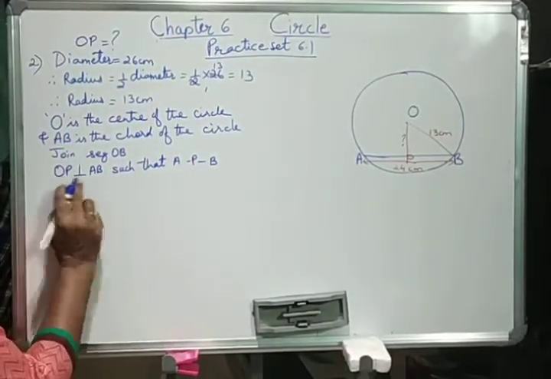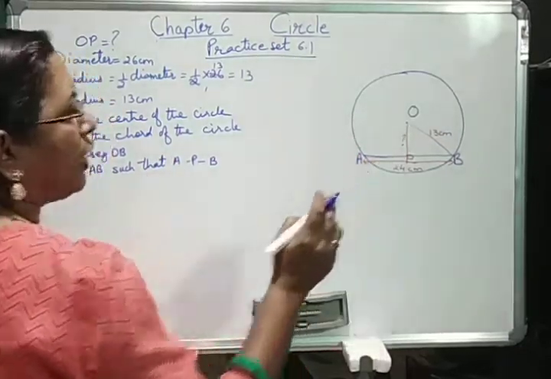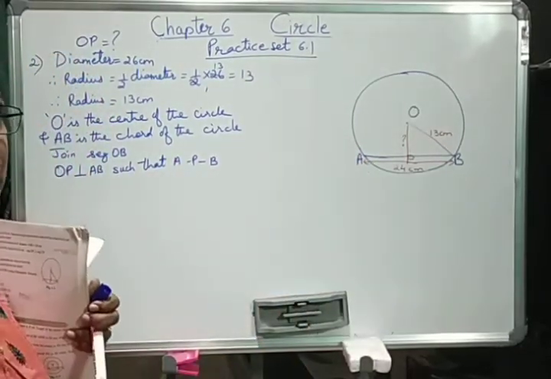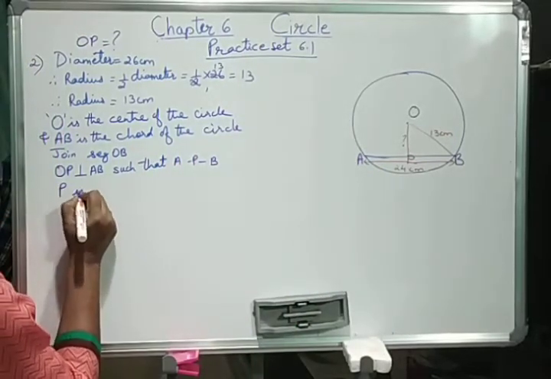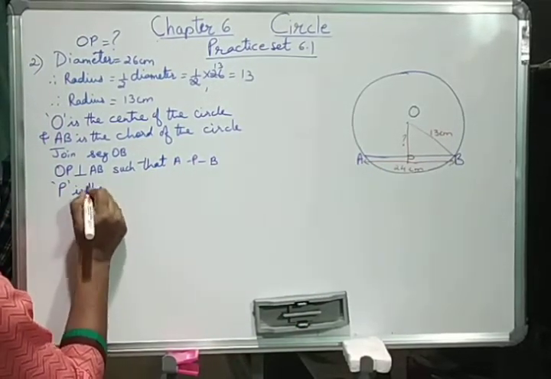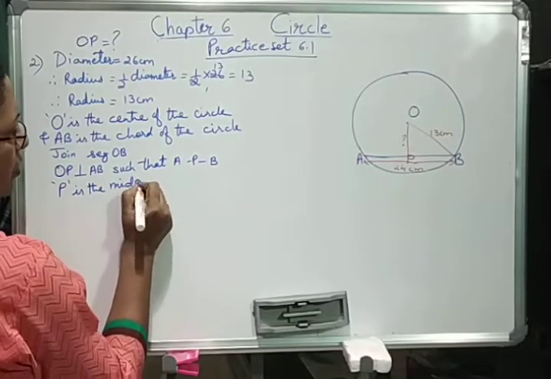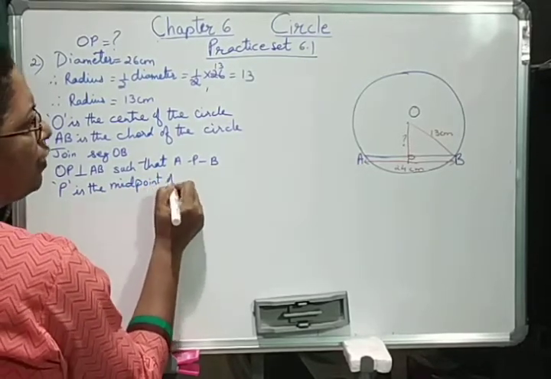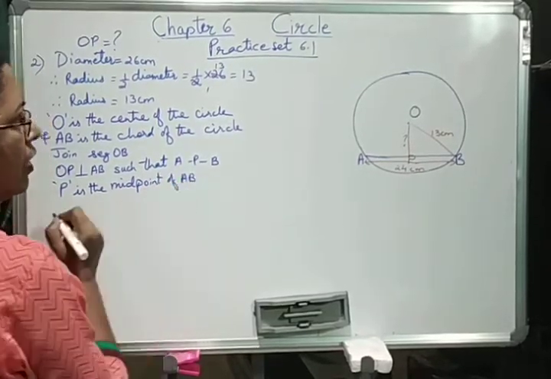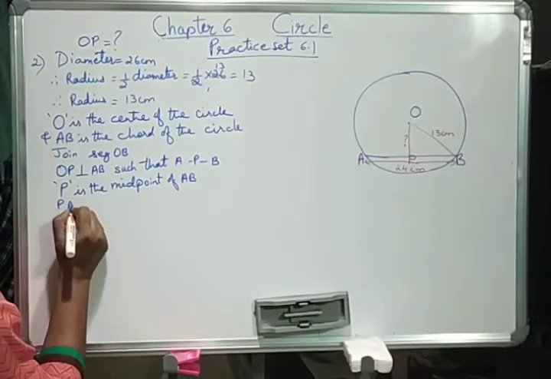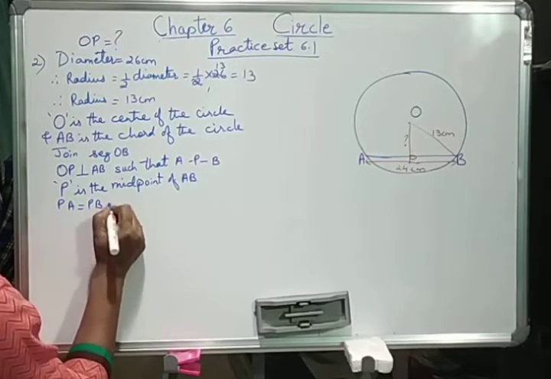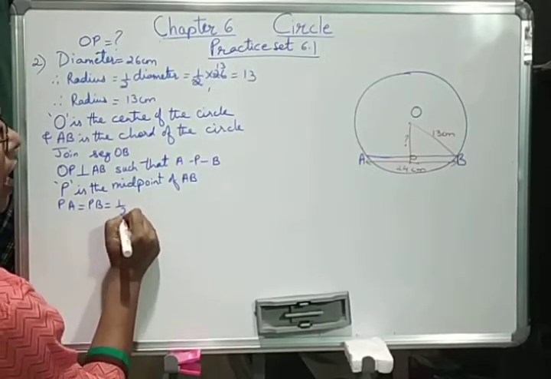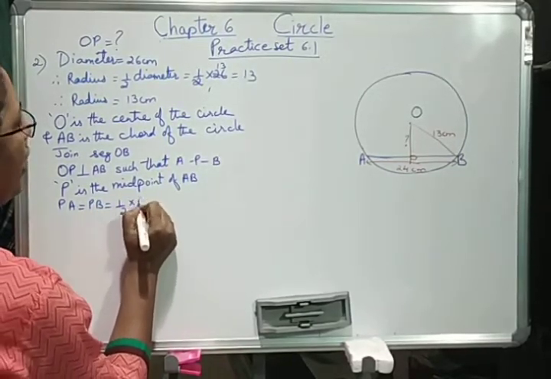So when you write down this OP is perpendicular, I told you boys the first theorem. Then P is the midpoint of AB. That means PA is equal to PB and that is half of AB.